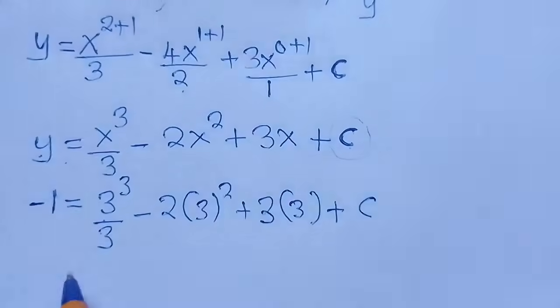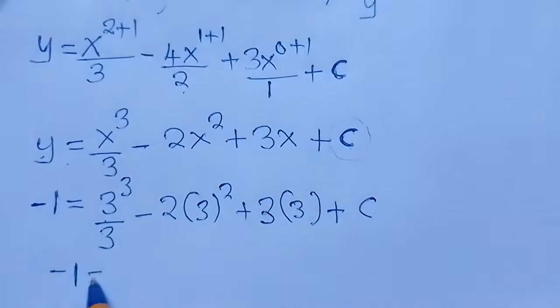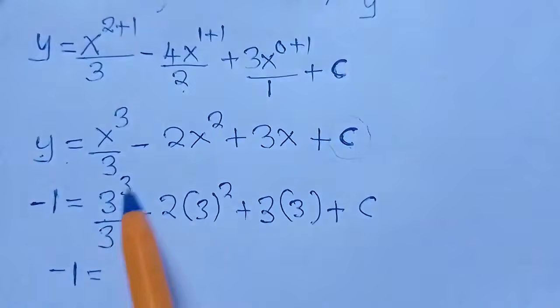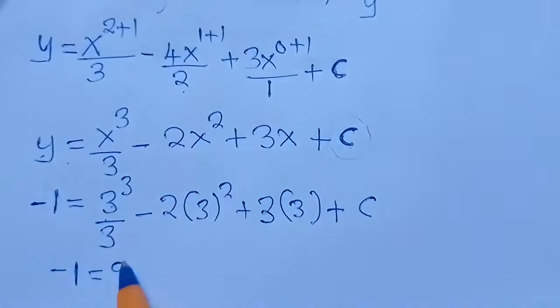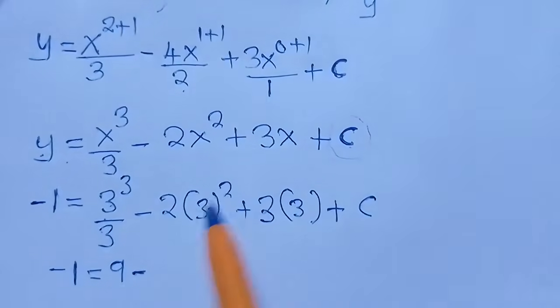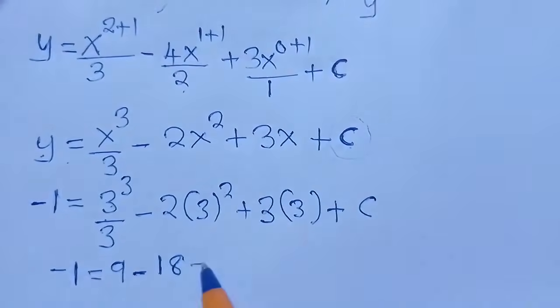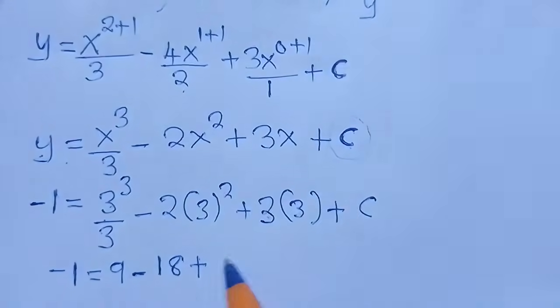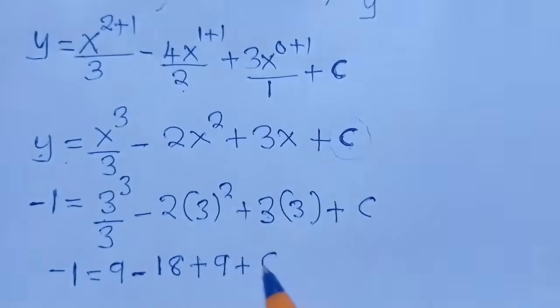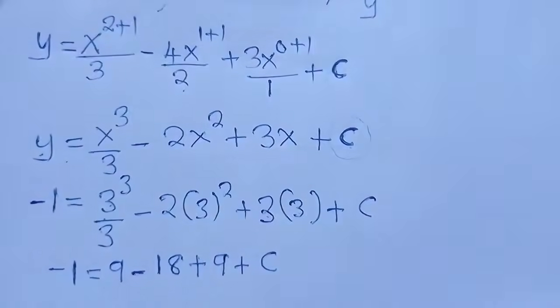How do you work out this one? -1 is equal to, this is 27. 27 divided by 3, that's 9. Minus this one, 9 times 2, 18. Plus this one is 9 plus c. Have you seen? Like this. This is how you need to do it. From here, you continue.